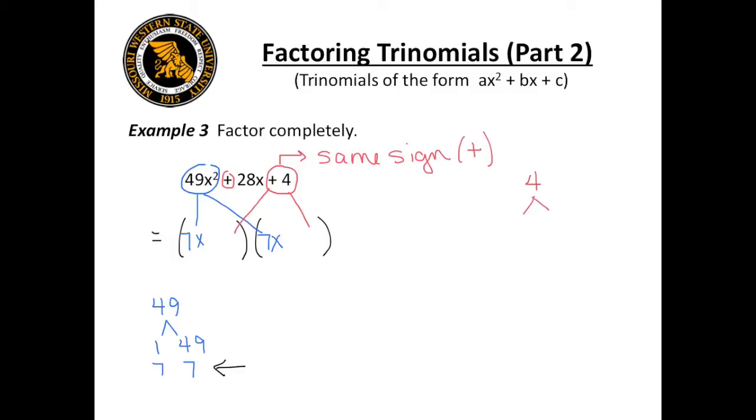Now the number 4 also has 2 factor pairs, 1 and 4, along with 2 and 2.